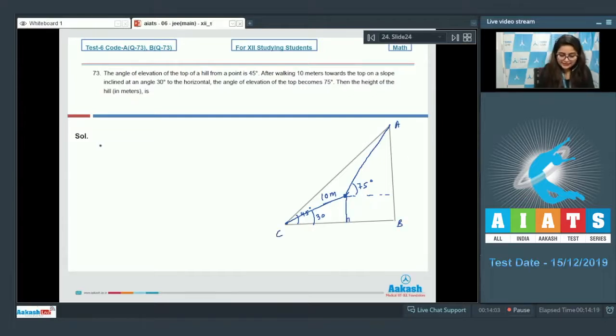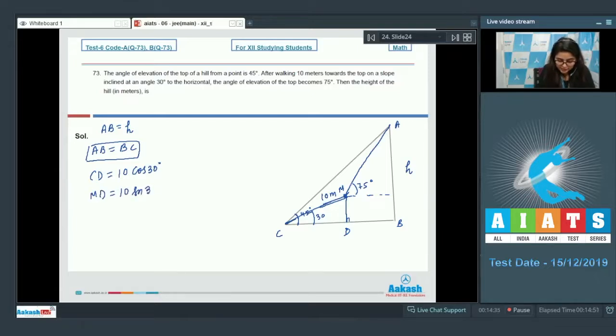So first of all, let the height of the hill be small h, and initially this angle is 45, so AB is equal to BC. Now suppose this point is M and this point is D. In triangle CMD, this length is 10 and this angle is 30, so CD is equal to 10 cos 30 and MD is equal to 10 sin 30, which is equal to 5 root 3 meters and 5 meters.